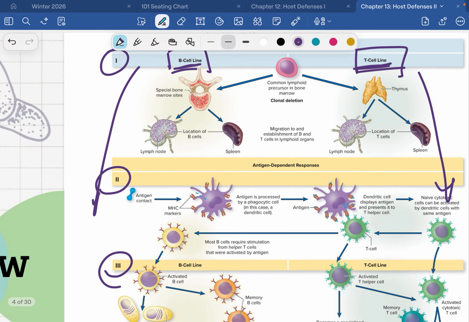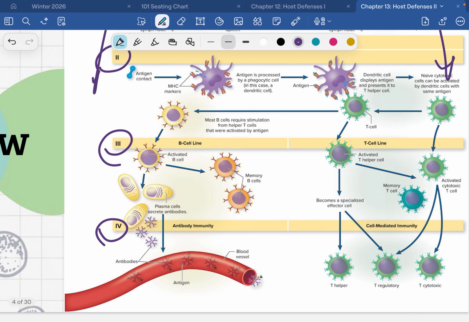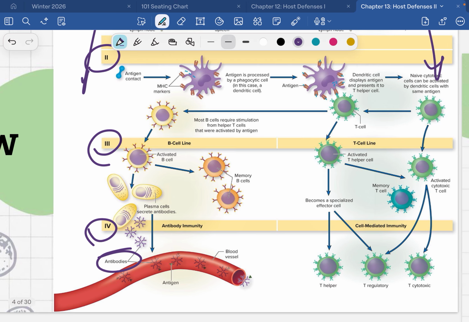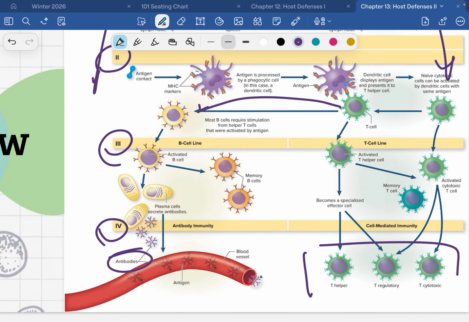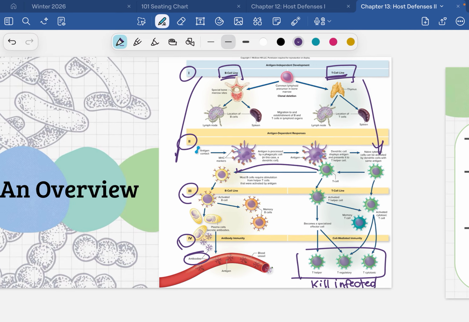We're going to go through all of this, but notice that on the B cell side, B cells produce antibodies. That's the purpose of the major B cell side. And then the T cell side, we have these T cells. Notice right here that it's helping the B cells. So that's one thing that it does. It helps the B cells. And then these cells down here are going to kill infected cells. We're going to talk about that more specifically in a minute.